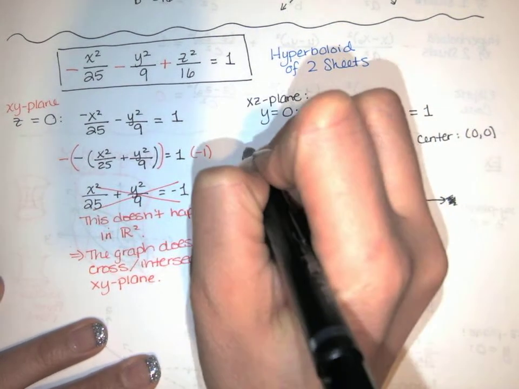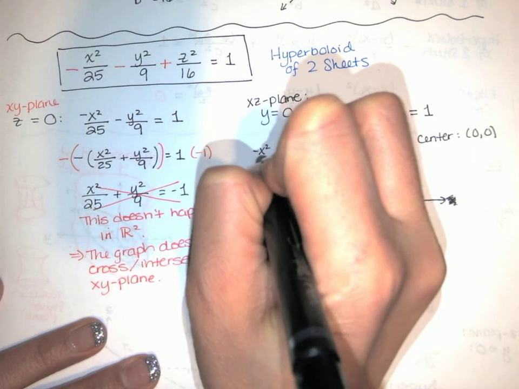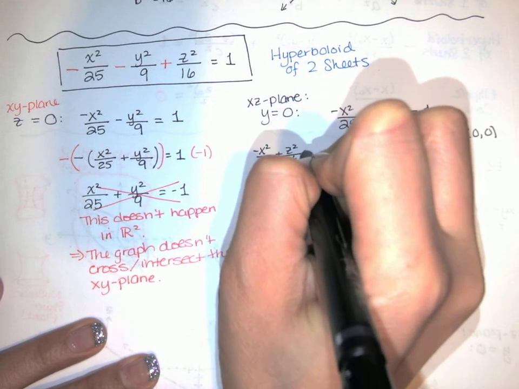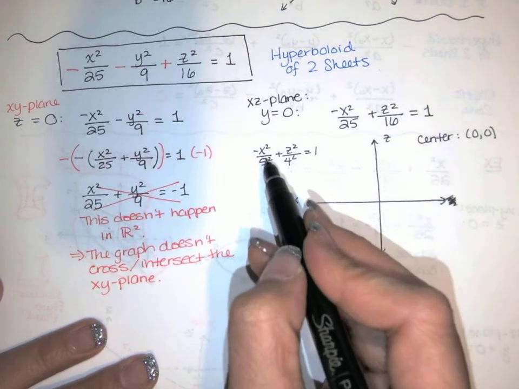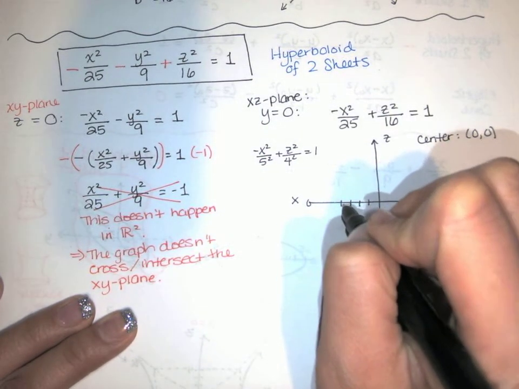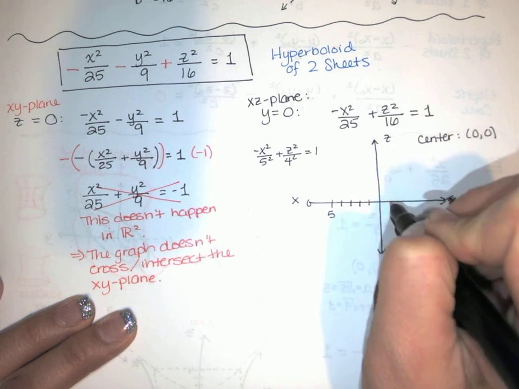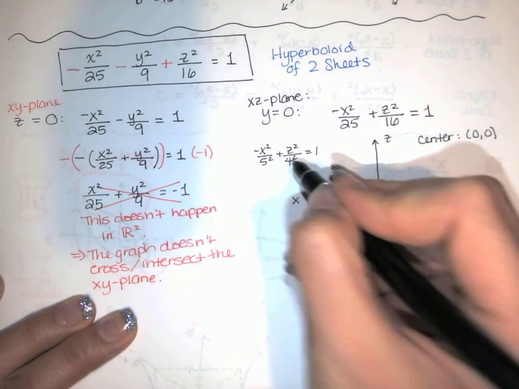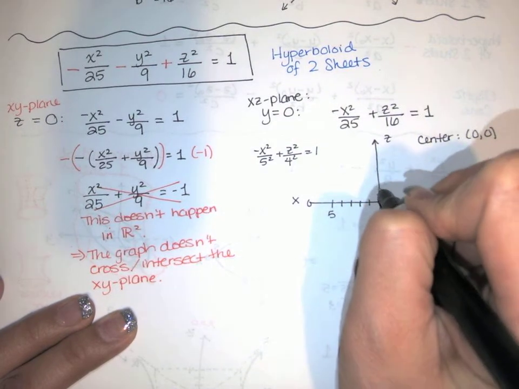Let me write it this way. So I've got negative x squared over 5 squared plus z squared over 4 squared equals 1. We've got a 5 squared under the x, so we're going to go plus and minus 5 units in the x direction. We're going to go plus and minus 4 units in the z direction.